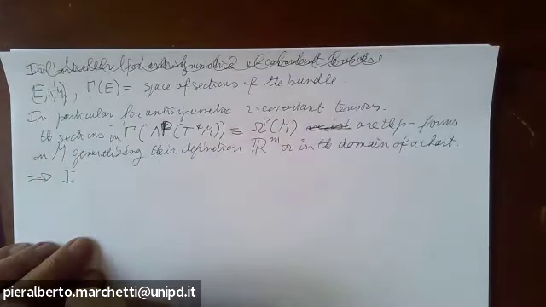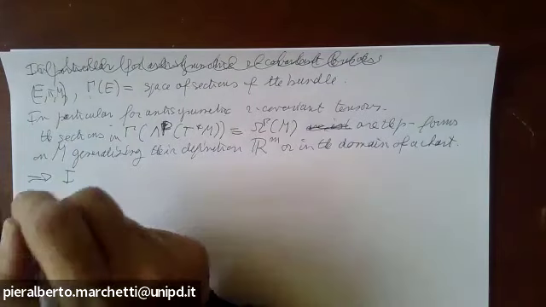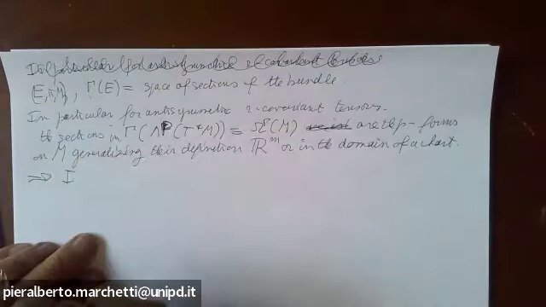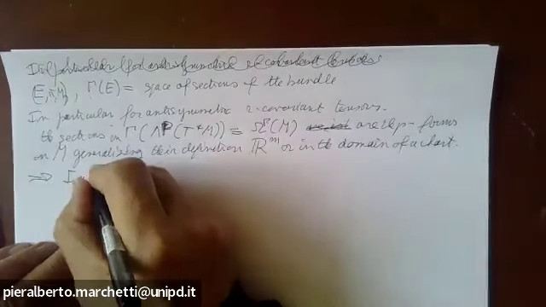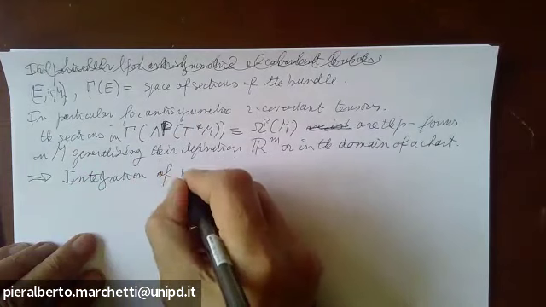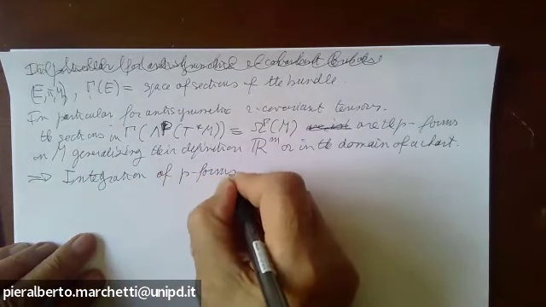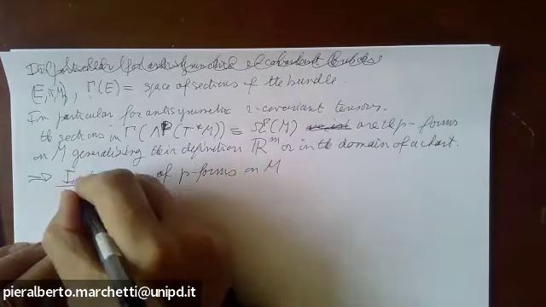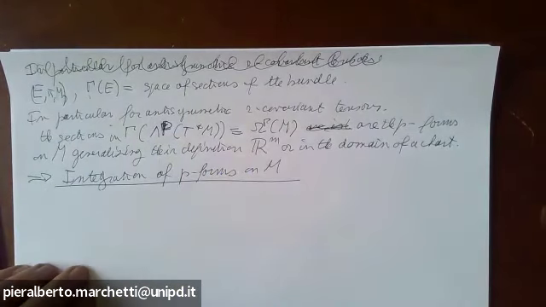Imagine that you can generalize the integration that we have discussed in Rm, or on a surface in Rm, as an integration of p forms, which are now defined on a general manifold M. So what is the trick?